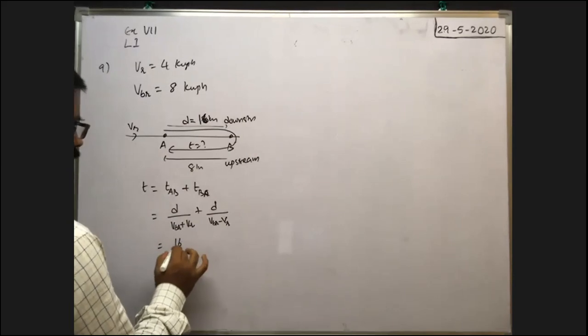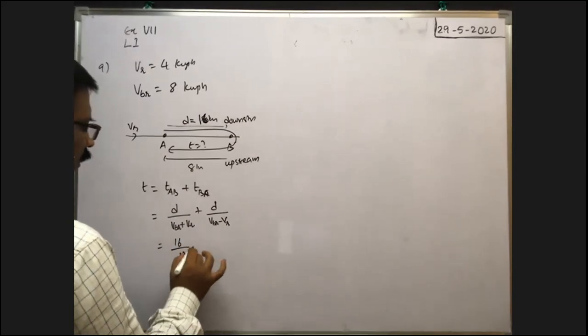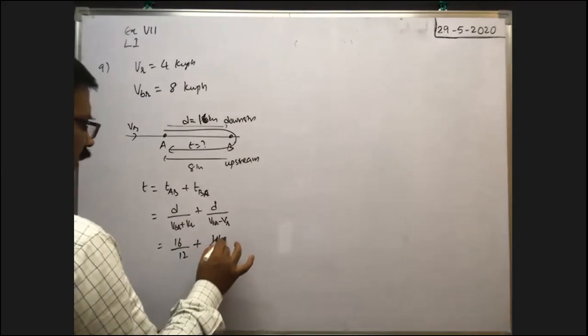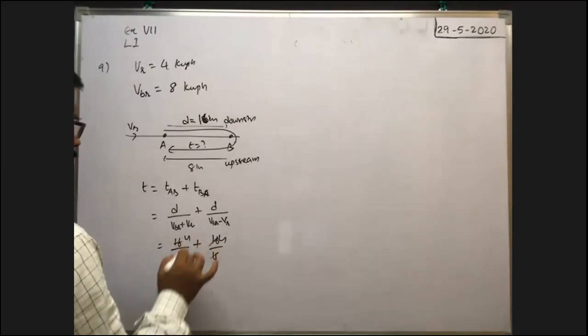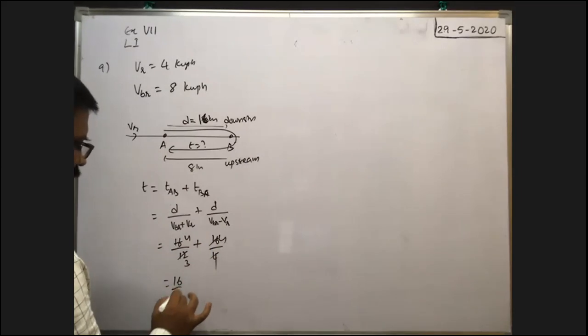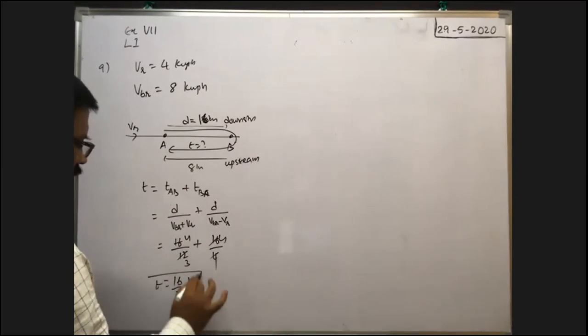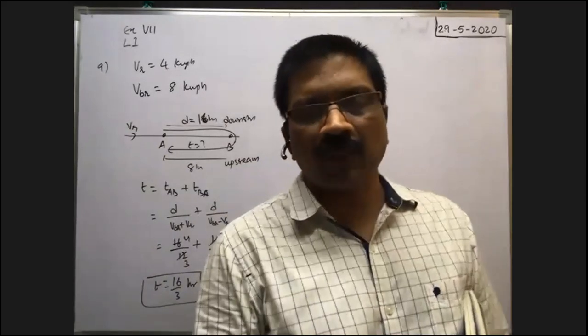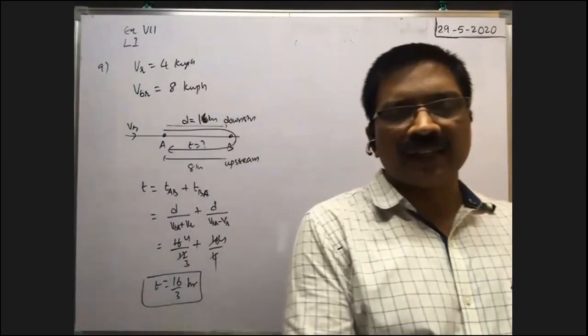Therefore, 16 by VBR plus VR means 12, plus 16 by VBR minus VR means 4. 4 3s are 12, 4 4s are 16. That's why 16 by 3 hours. This is the total time taken by the boat to travel from A to B and then back to A. Already this concept was explained.